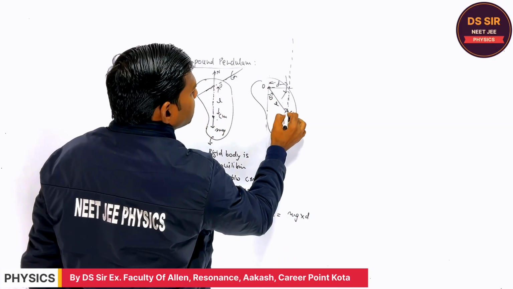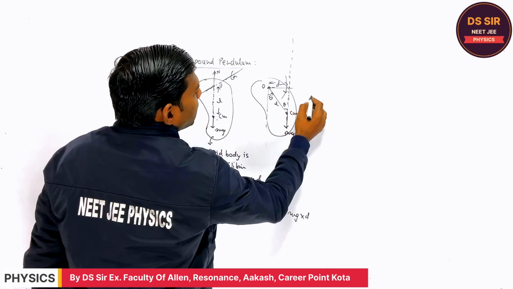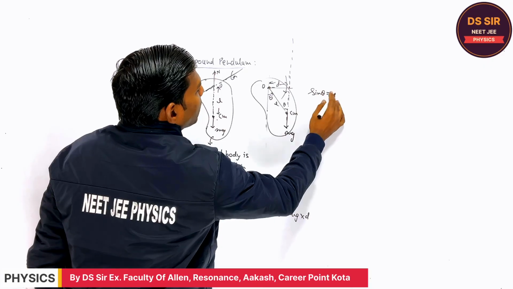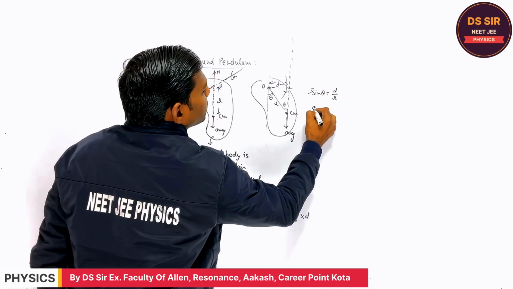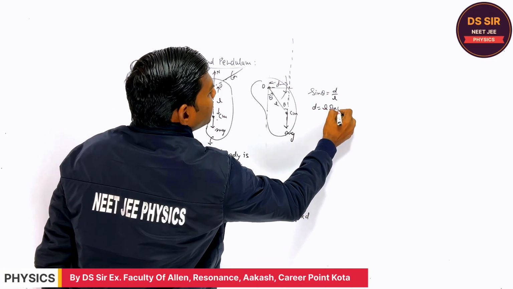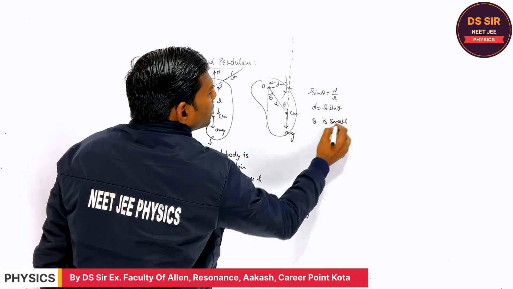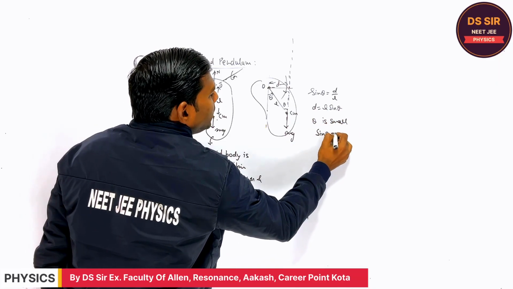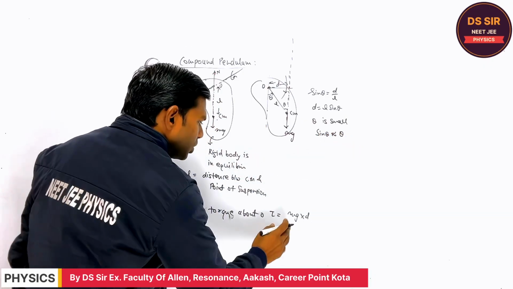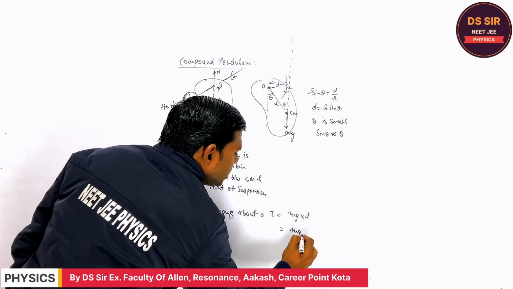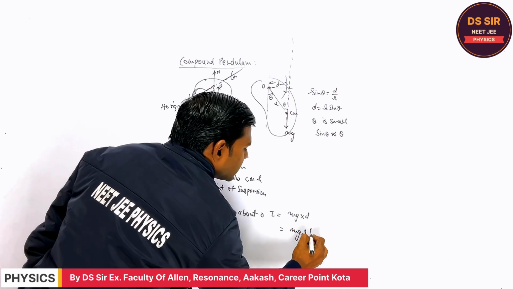If this is theta, this is also theta. In this triangle, sin theta is perpendicular upon hypotenuse, so d is equal to L sin theta. The theta is small, therefore sin theta is approximately theta. So the net torque is mg into d, and d is L sin theta.